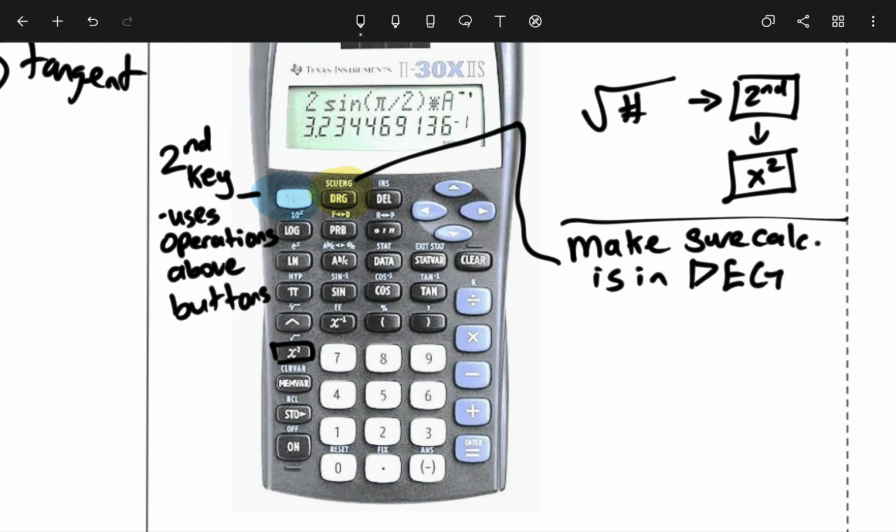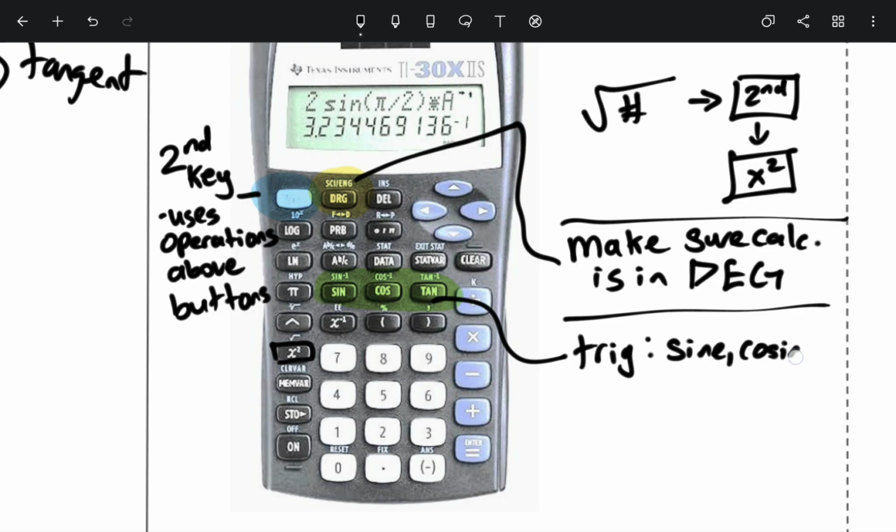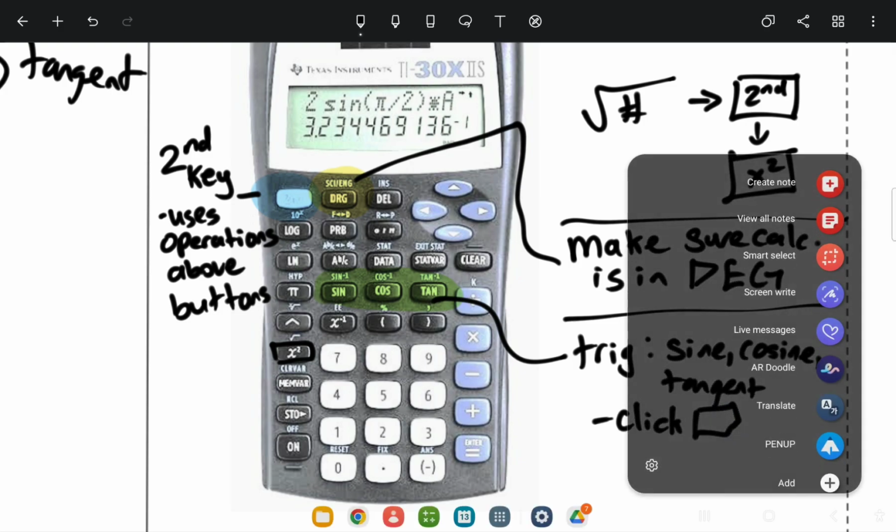And then to use any of the trig functions we covered, you're going to use these buttons right here: sine, cosine, and tangent. And if you want the inverses, which we'll talk about in the next video, you'll click second first to get the inverses.